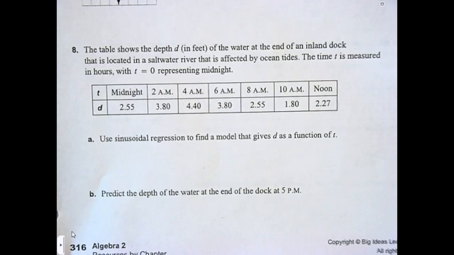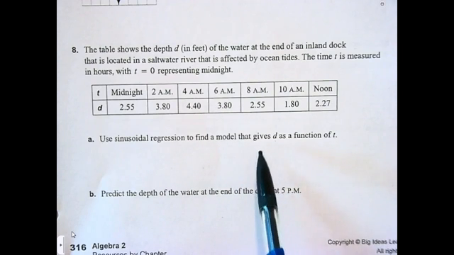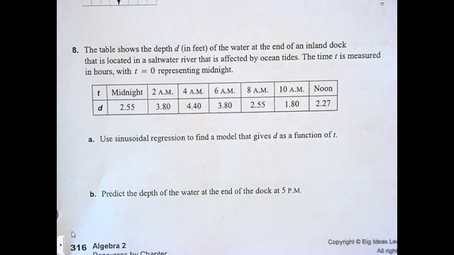The time is measured in hours with T equaling 0 representing midnight. Use sinusoidal regression to find a model that gives D as a function of T.